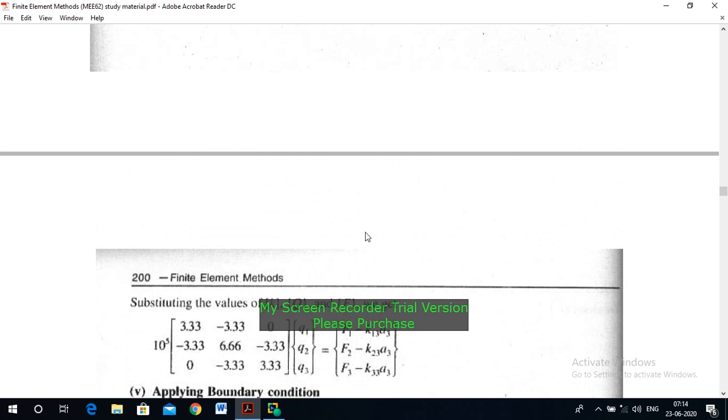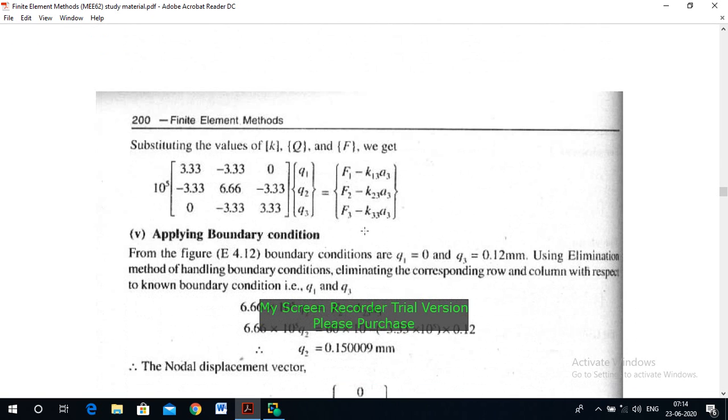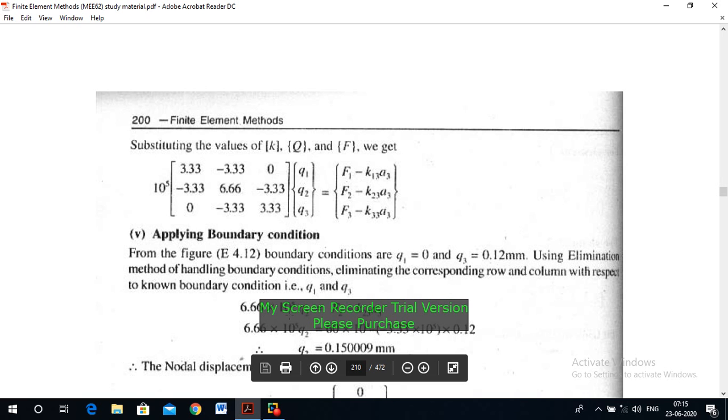Next, apply the boundary condition. Since node 1 and node 3 are fixed, using the elimination method for handling boundary conditions, eliminating the first row, first column, and third row, third column, the remaining equation is 6.6 into 10 power 5 into Q2 equal to F2 minus K23 into A3.